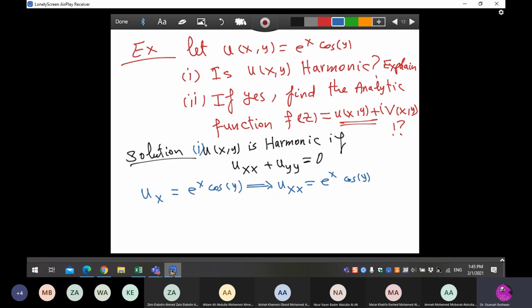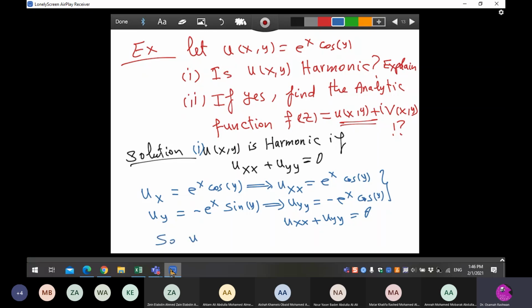Now, u_y is equal to what? Minus e to the x sine y. What is u_yy? It is minus e to the x cosine y, since the derivative of sine is cosine. Add them together to have u_xx plus u_yy equal to 0. So it is harmonic. So u equal to e to the x cosine y is harmonic.